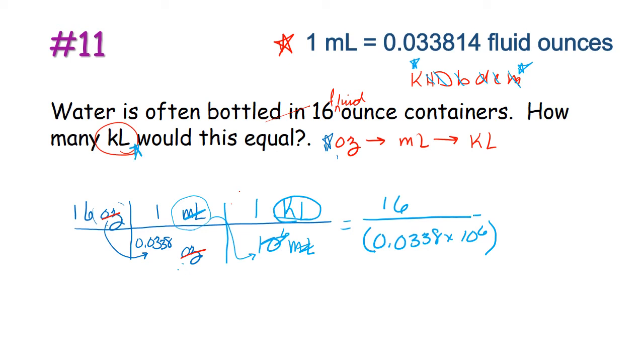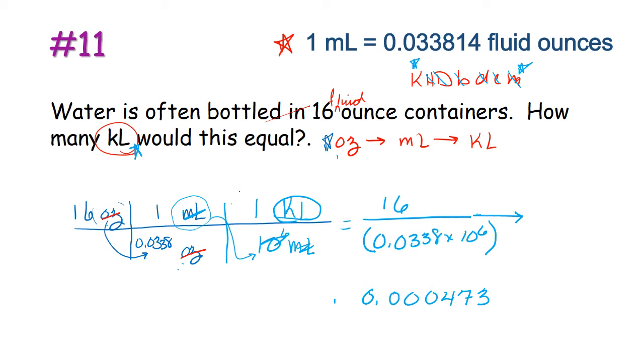So once you enter this into your handy-dandy calculators, then you should get 0.000473. That should be enough, right? Oh, 2 sig figs. Well, there's 2 ways you can write this.